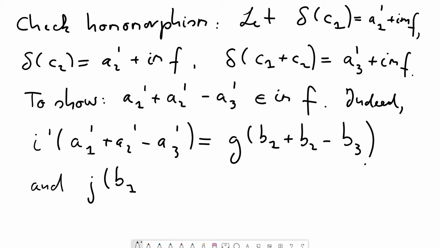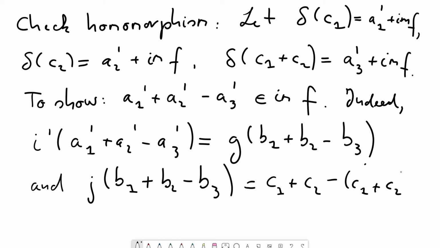So this is the next thing I consider, J of B1 plus B2 minus B3. And this now gives me the elements I started with. So that's C1 plus C2, and the B3 is the one which corresponds to C1 plus C2. So it actually turns out that this is equal to 0.